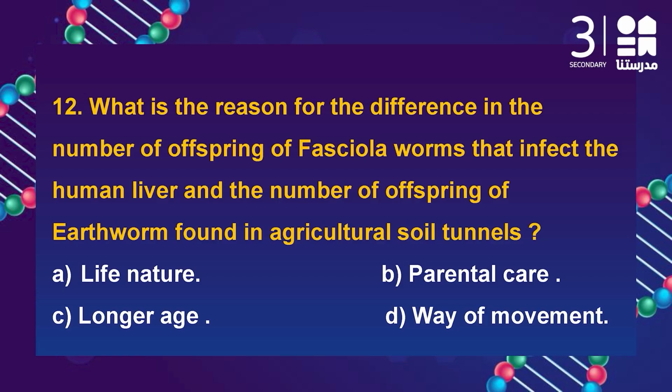What is the reason for the difference in the number of offspring of fasciola worms that infect the human liver and the number of offspring of earthworms found in agricultural soil tunnels? Fasciola lives inside the body of a living organism.